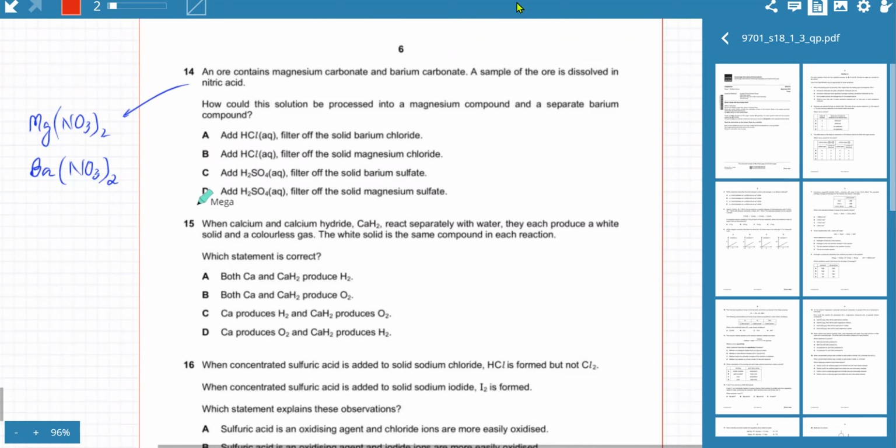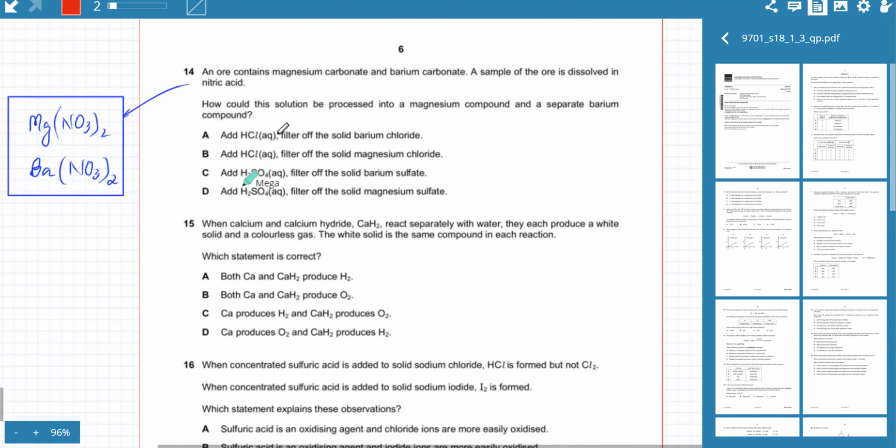Now, how could the solution be processed into a magnesium compound and a separate barium compound? You need to separate them into magnesium and barium compounds. Nitrates are very soluble, which means that they would be completely mixed in water and mixed with each other.